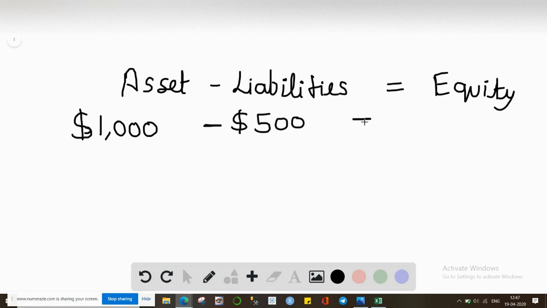Now what is the equity portion? $1,000 minus $500 equals $500. Now what is this $500?